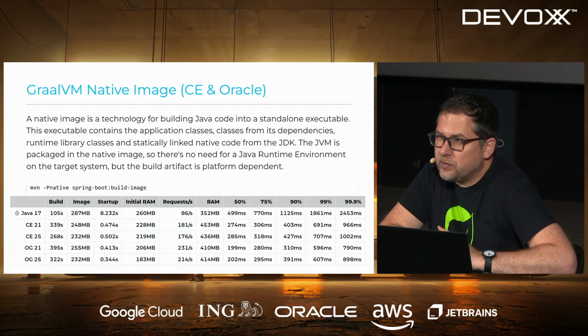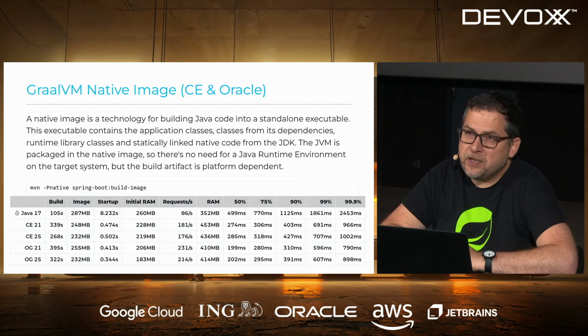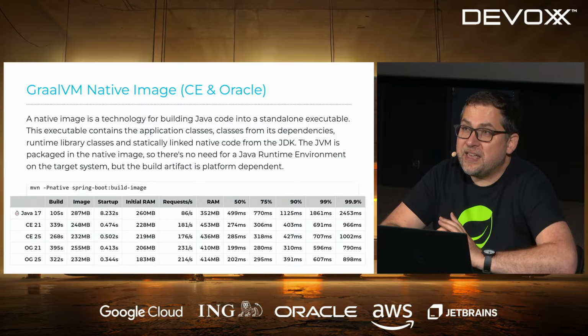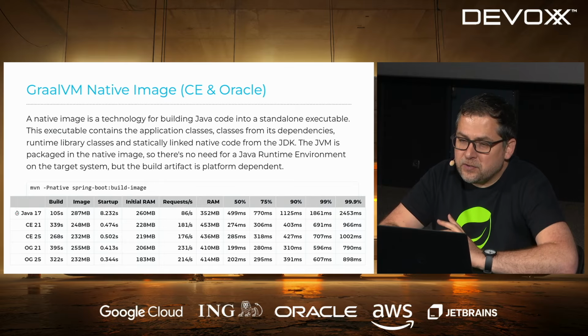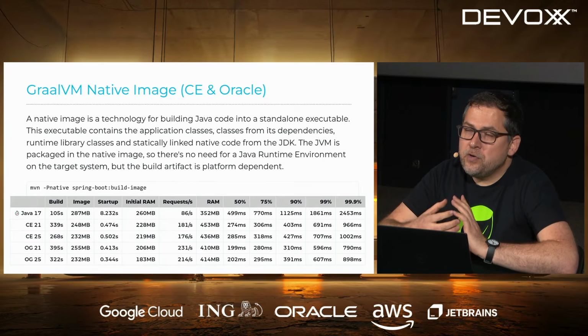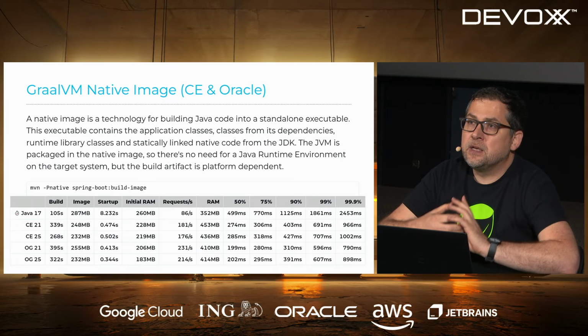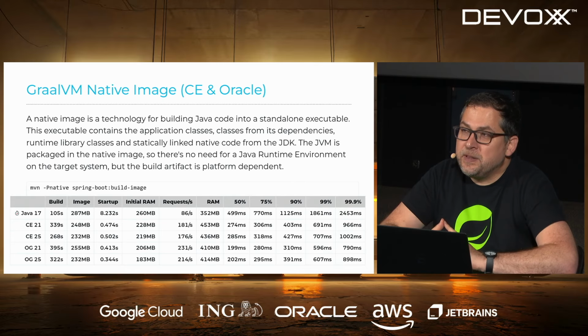I did not go one step further because they have a thing called profile guided optimizations. Basically you would instrument your application, run a load test against it, and compile or create the image again. Because of this instrumentation, they know how your application will behave in production, and they can do the optimizations for the native image during the build time.